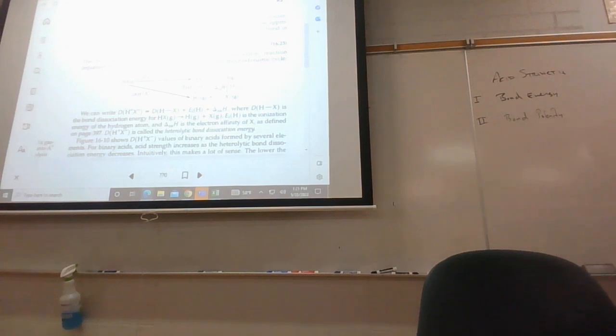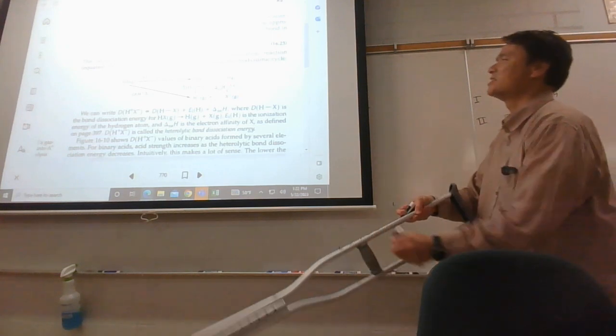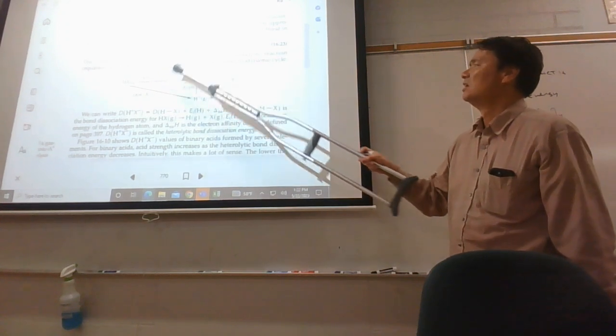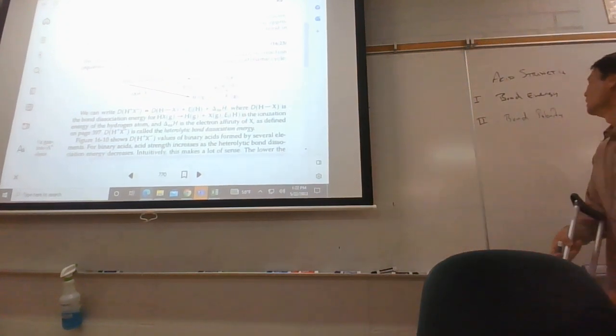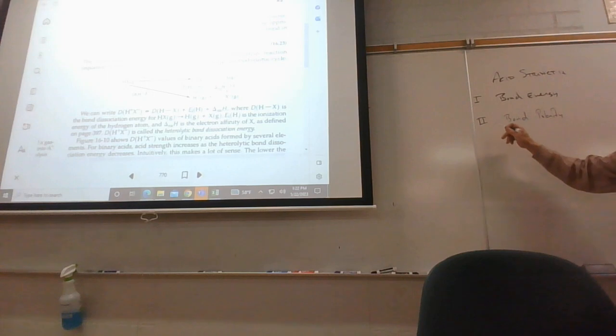The more polar the bond, the higher the positive charge on that bond. And the higher the positive charge, the more attracted the base will be. The base is going to be attracted to H plus. Usually, H plus is acid. So this base will be attracted to that.